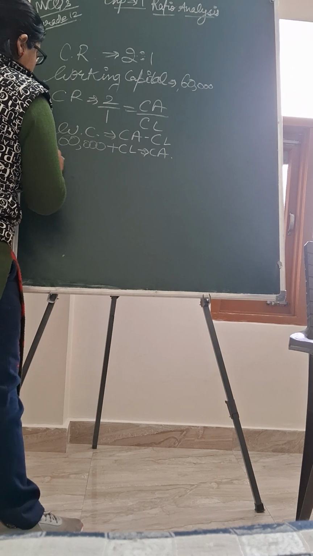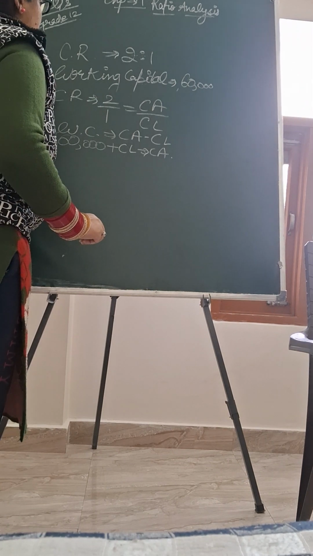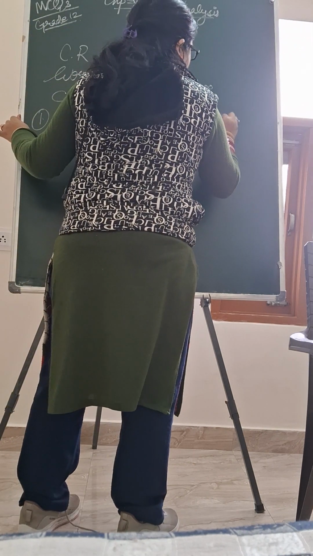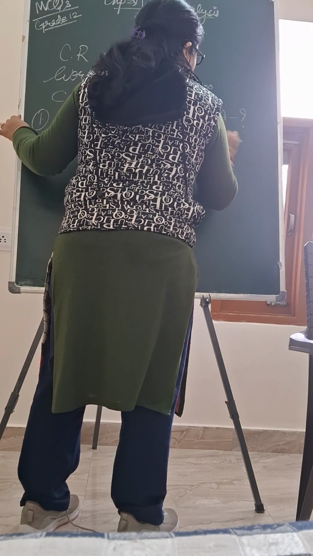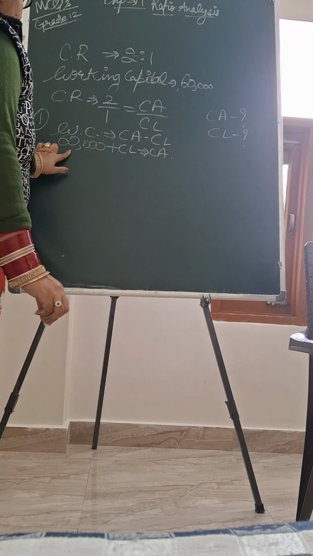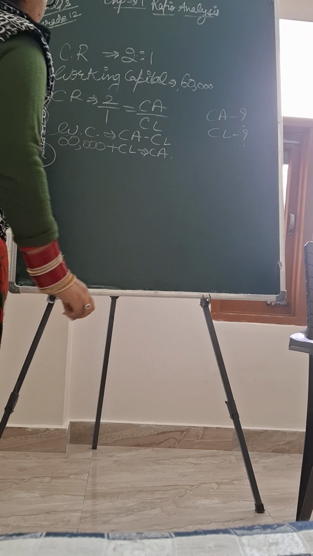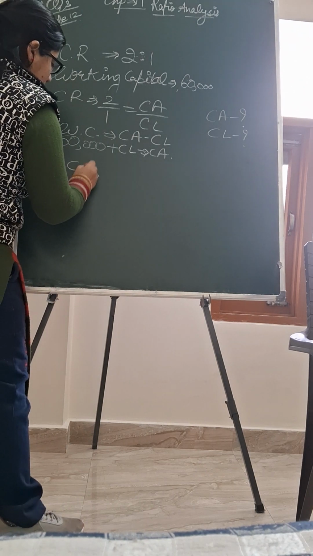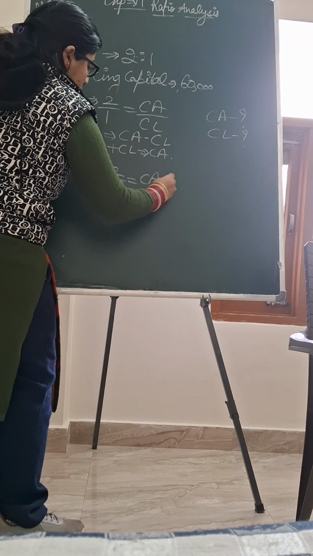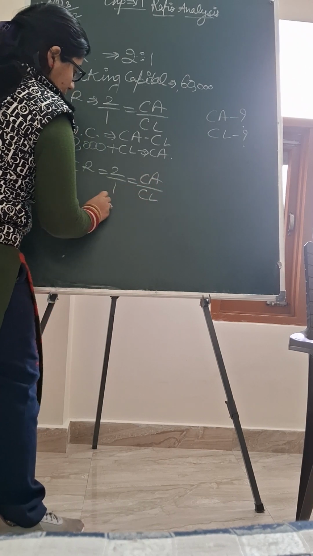Then after this, when we will solve it, what we need to find out? We need to find out the value of current assets and current liabilities. This is asked in question. So after writing this first equation, we will write it in the second equation. CR is equals to 2:1 is equals to CA over CL.